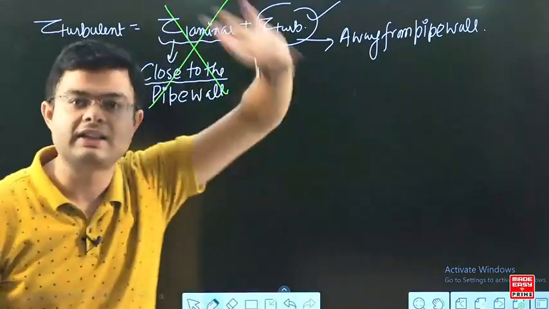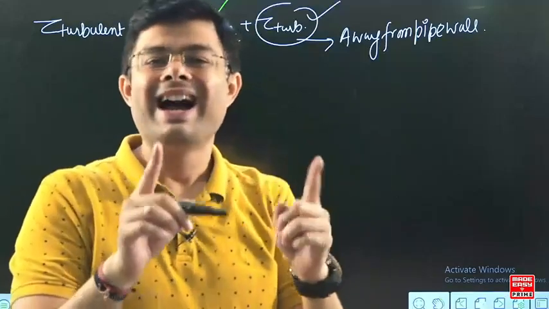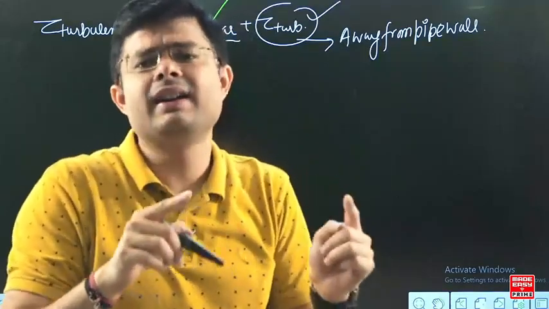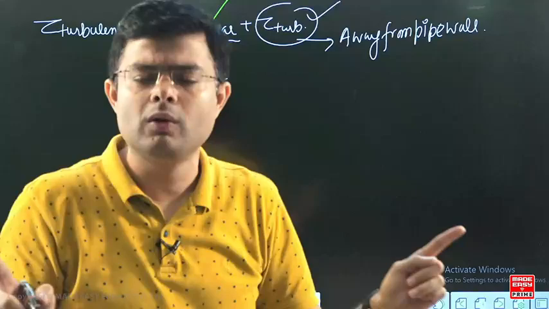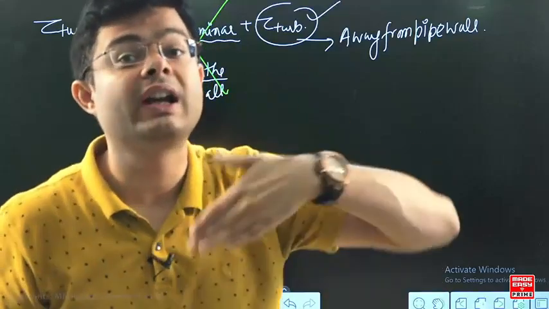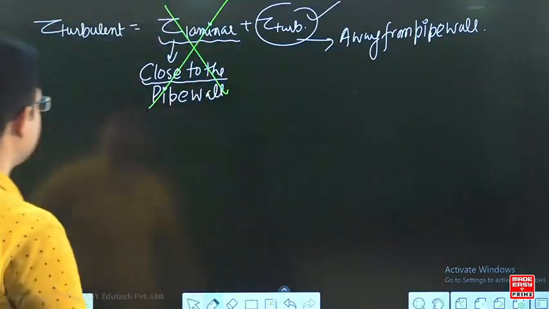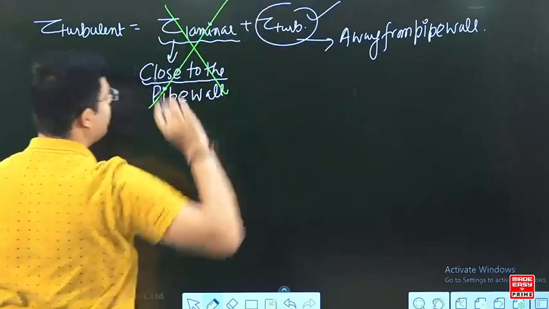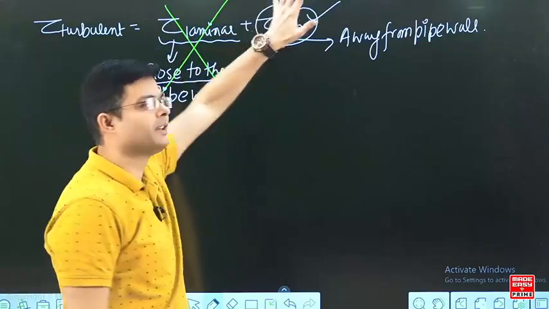I am not saying that the shear due to laminar is 0. No. I am saying we are going to neglect the shear due to laminar and only tau turbulent will be there.